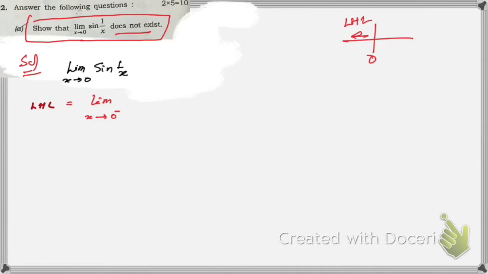So that's gonna be sine minus 1 by h. First let me write it as given, sine 1 by x.